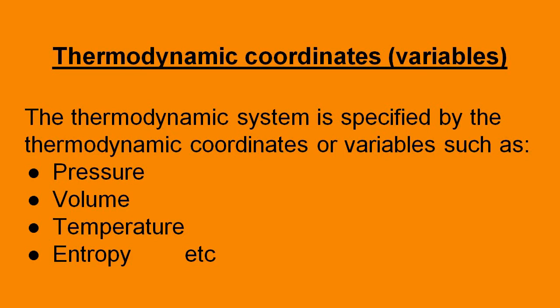Our next topic is thermodynamic coordinates. The thermodynamic system is specified by thermodynamic coordinates or variables such as pressure, volume, temperature, entropy, etc. That means in order to mention a thermodynamic system, we need some thermodynamic coordinates, and you are calling those coordinates either thermodynamic coordinates or thermodynamic variables or thermodynamic parameters.